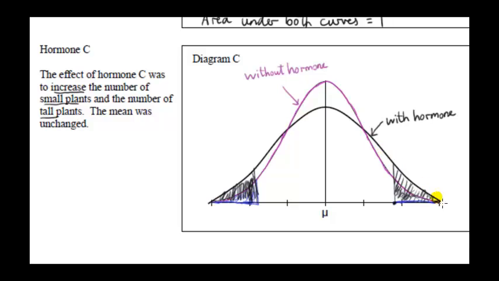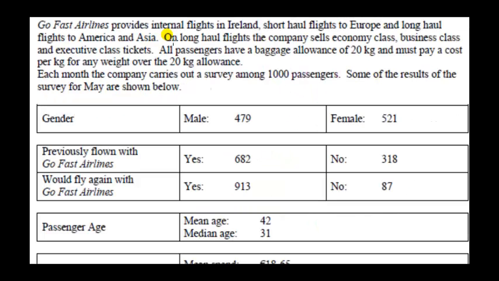So we want our new curve to be a normal distribution with the same mean as before, centered at mu, symmetrical about mu. But we want the total area under it to equal the total area under the original curve, which is 1, of course. So the area under both curves must be 1. If we fatten the tails, we have to compensate by decreasing the height. So the area under both curves is the same, namely equal to 1.